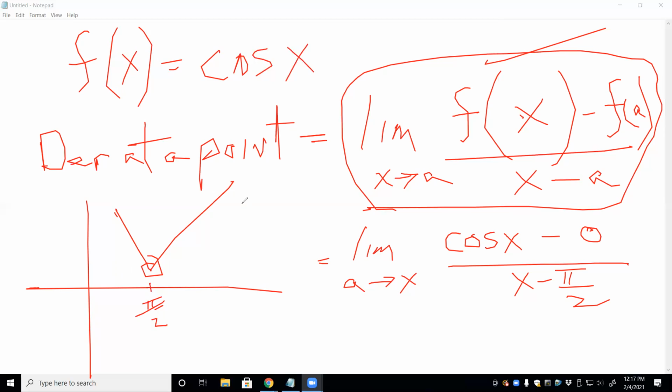If you have a point between a curved line and a straight line, that's a cusp. This is a corner. The derivatives do not exist at those points.